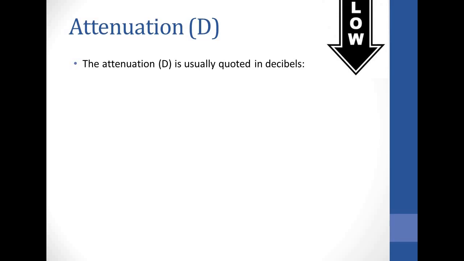So attenuation is given by the term D. You can see this formula is familiar. The only difference is this part. We're saying P in over P out, but in our first chapter, we're saying P out over P in. This is only because we already know we're calculating attenuation, which is loss.